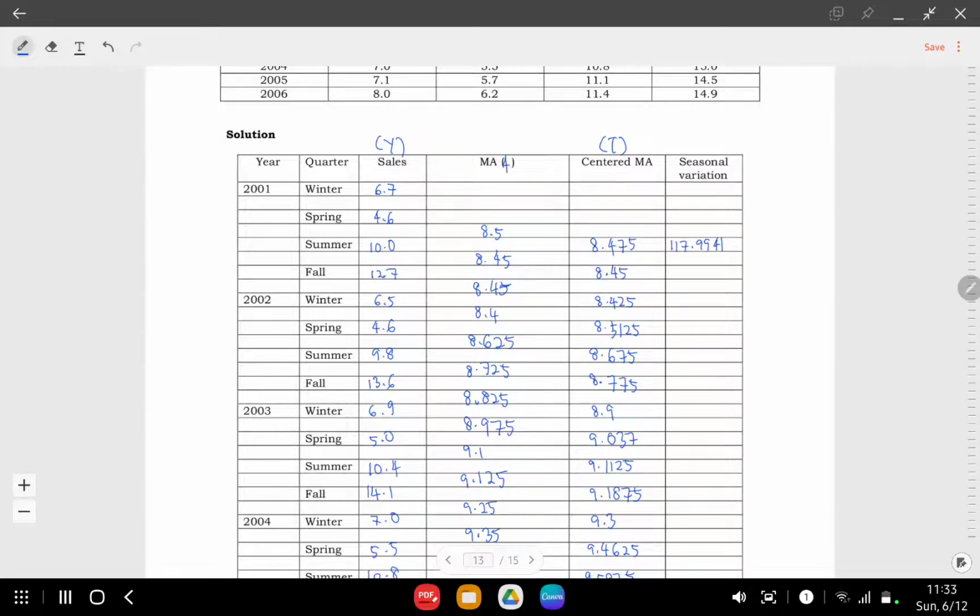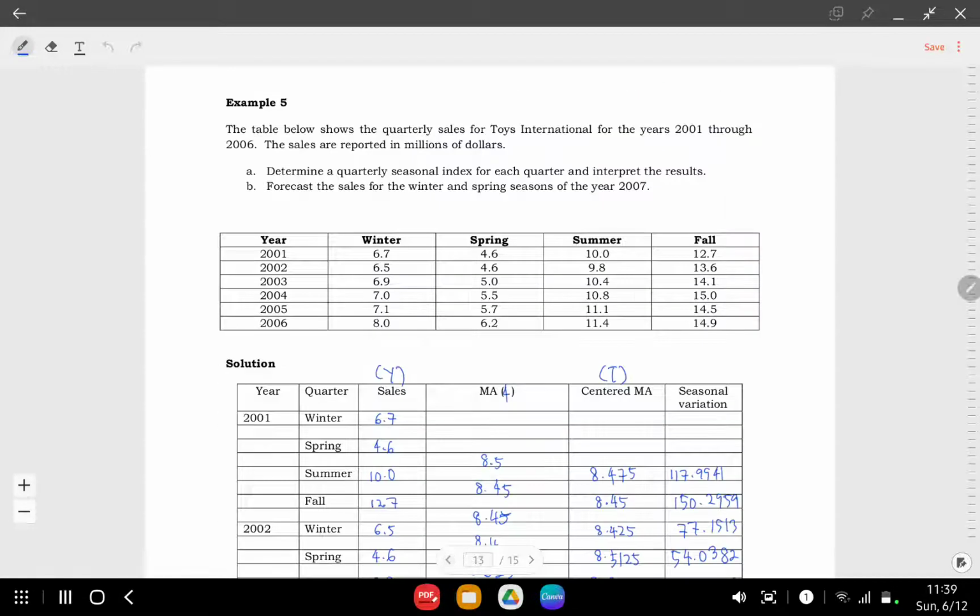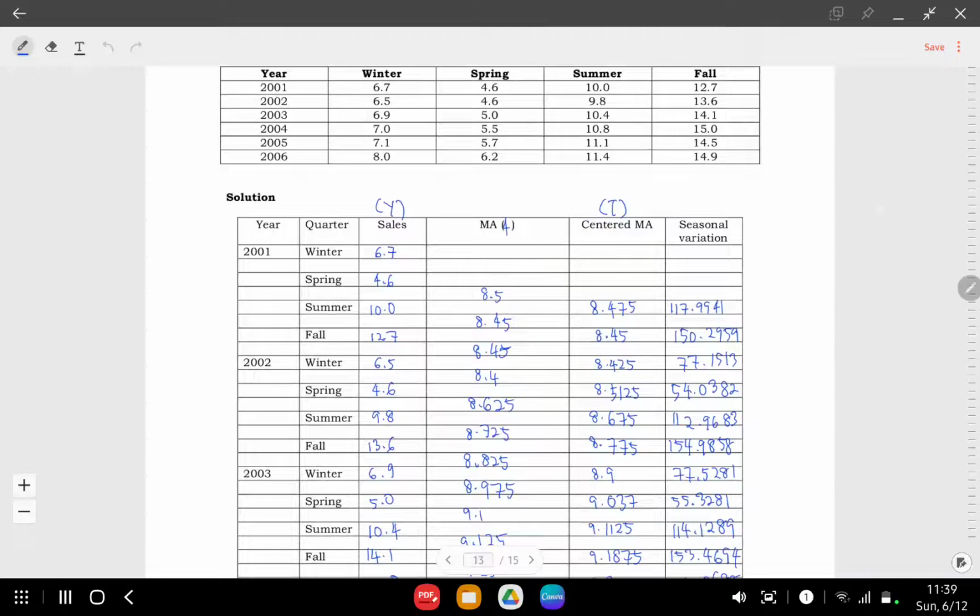And then we need to fill in the rest. Here I have filled all the values for the last column, which is the values of seasonal variation.